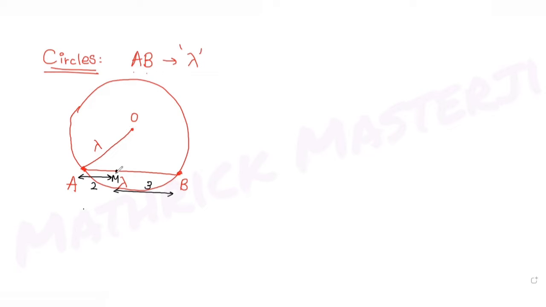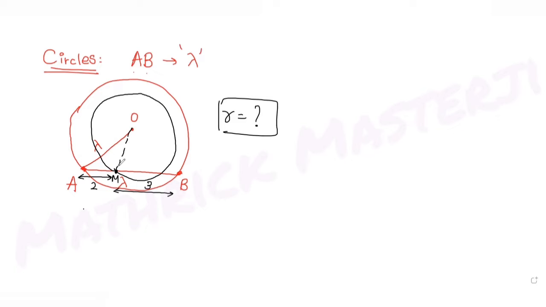We have to find the locus of this point, and the question tells us that the locus of this point M will again be a circle, and we are asked the radius of this circle. Basically we have to find OM. That is the question asked to us.